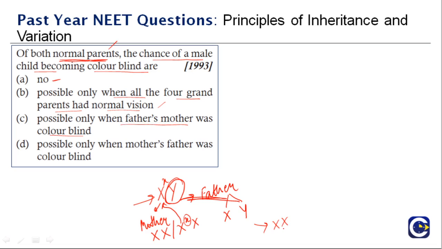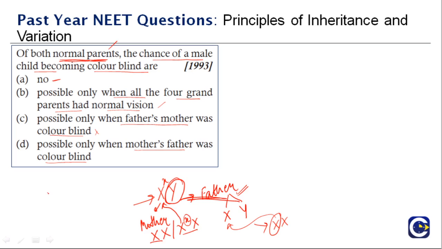It doesn't really matter because the father took only one X chromosome, and because they say the father is normal, the father took the correct X chromosome. So this is also not the right option. Possible only when the mother's father was colorblind. We already discussed that either the mother is a carrier or normal, and we came to the conclusion that the mother was a carrier.